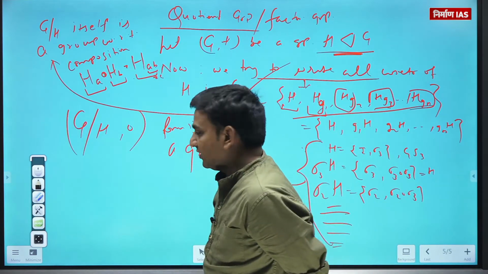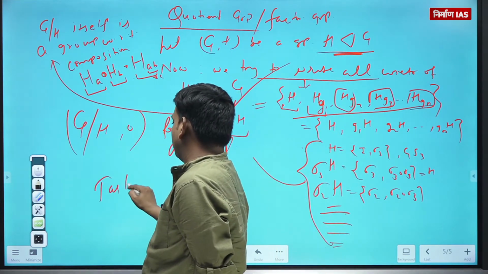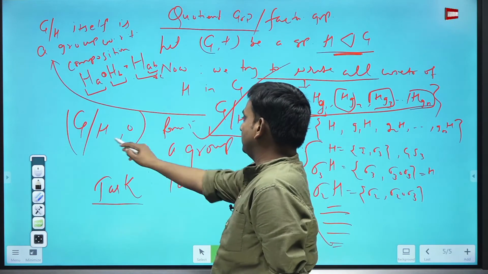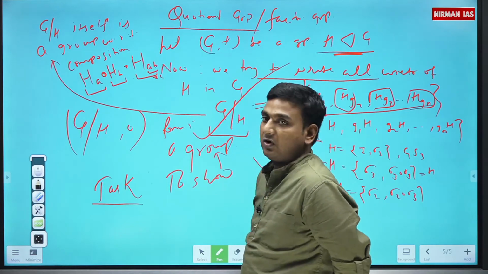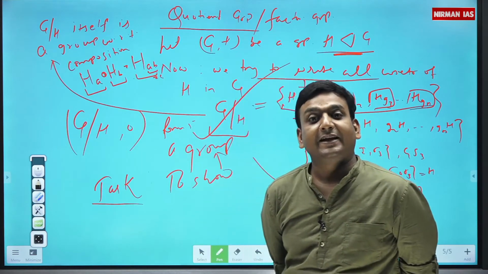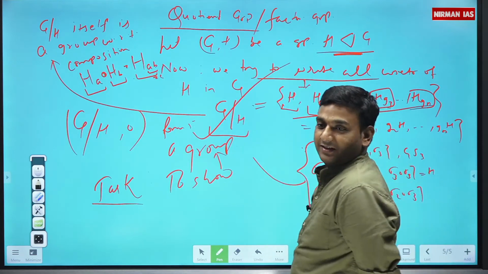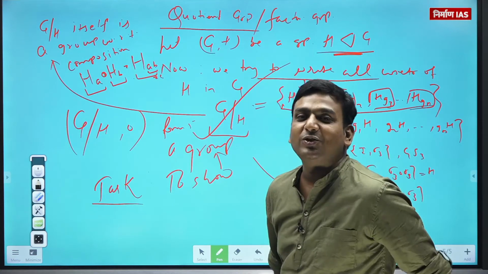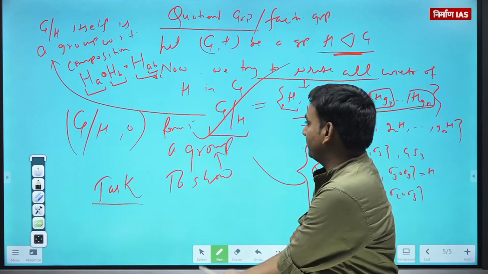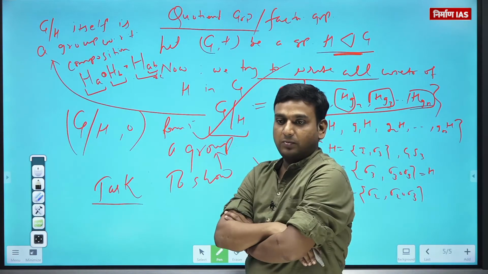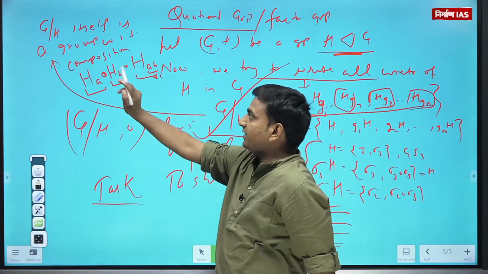So what is our task now? To show whether this is a group or not. So yes, it is. Just 30 seconds for you. How can you visualize it? Visualization is very important here. So what do you check for a group? This composition must be binary.